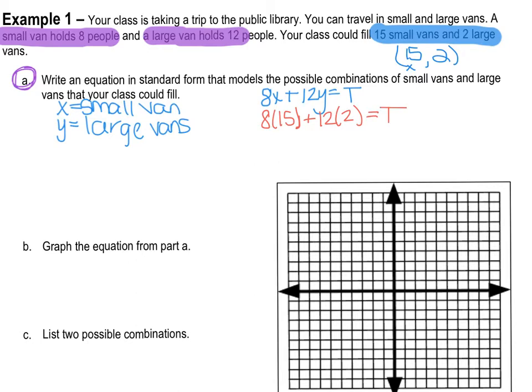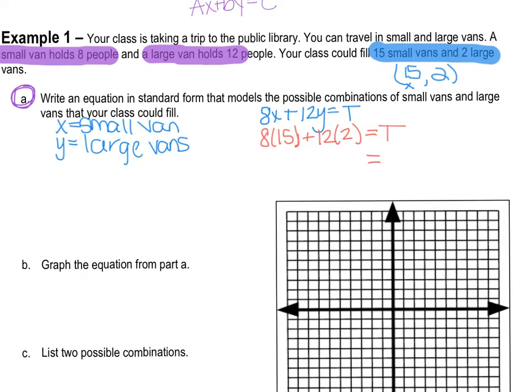And I'm just going to solve that to figure out what T is. So that gives me 120.